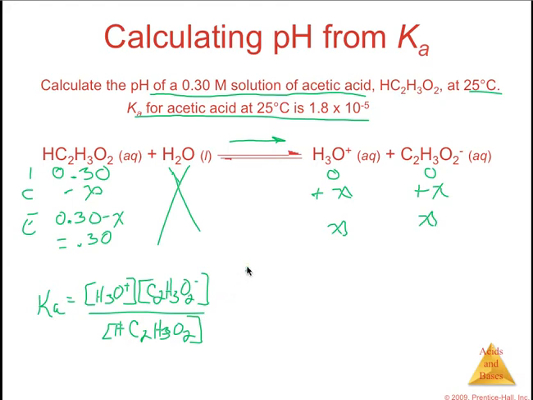So Ka at 1.8 times 10 to the negative fifth is going to be equal to X squared over 0.3. X, doing the math, is then equal to 0.0023.